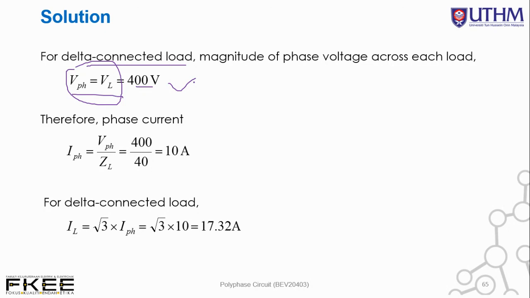You have the new calculation where I phase equals V over ZL, according to Ohm's law, V equal to IR. So 400 over 40 ohms gives you 10 amperes.